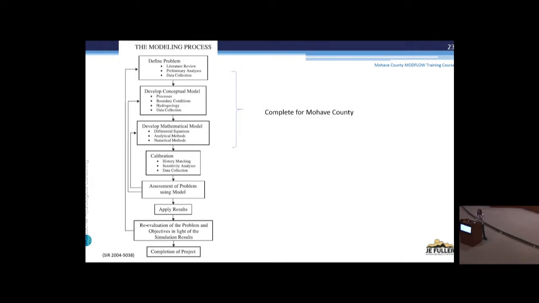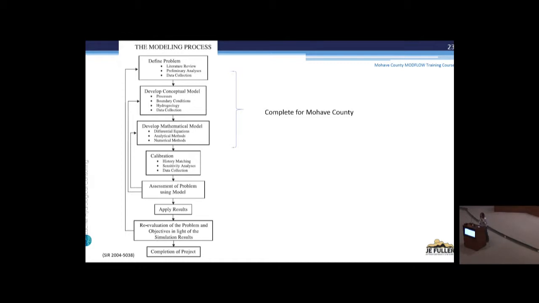Defining the problem means characterizing the geology and hydrogeology of the system, so literature review, preliminary analysis, data collection, developing a conceptual model. This has all been done by the USGS over the last decade or so. They have done a lot of background research for the purpose of developing a model.